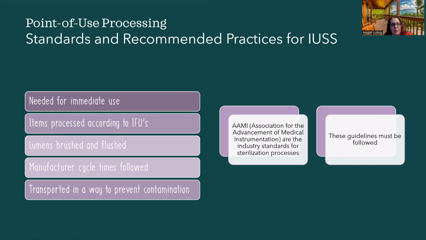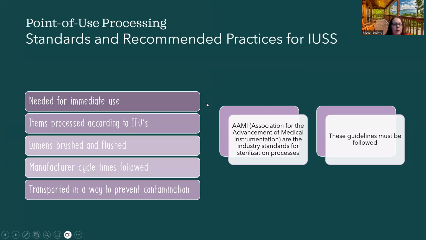There's only one of those in your facility. There isn't a backup for whatever reason. That would be a good reason to use immediate use steam sterilization. Now, if there are multiple other ones wrapped and you could just easily go get one, obviously that's what you should do. You shouldn't abuse the steam sterilizer for those types of things.